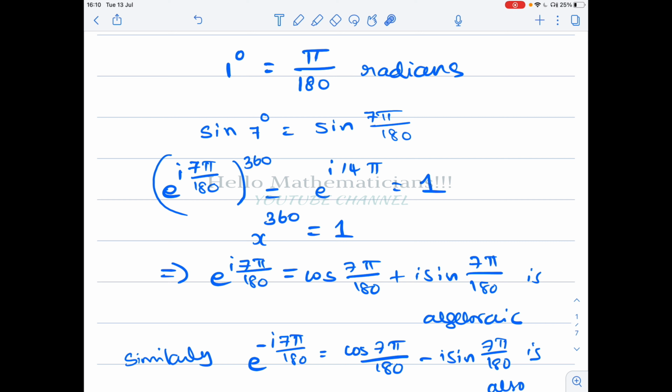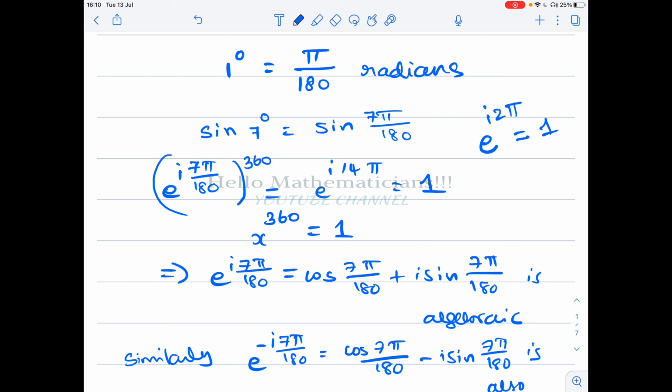So e power i 7 pi by 180, to the power 360, equals, by De Moivre's theorem, this 360 will come here. I mean, we don't need De Moivre's theorem, if you just multiply, this 360 will come here. So the 360 and 180 will cancel, you get 2 times 7 pi. It is e power i 14 pi. But what we know is e power i 2 pi is equal to 1.